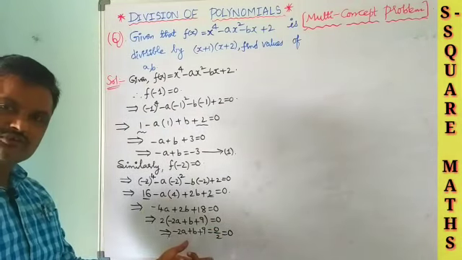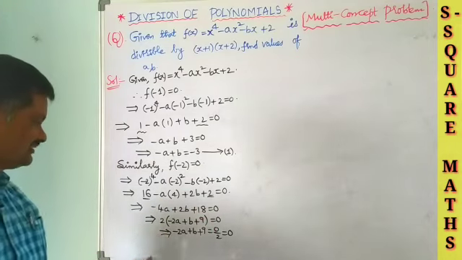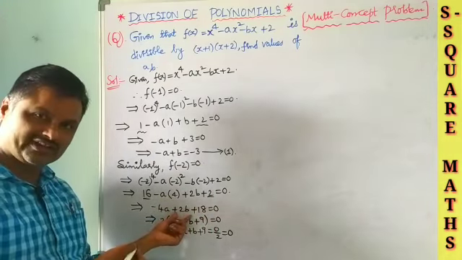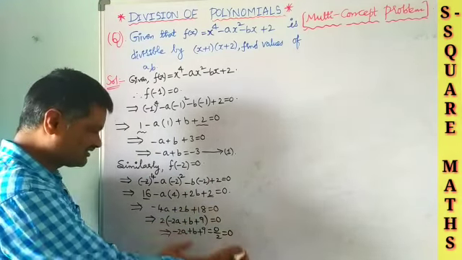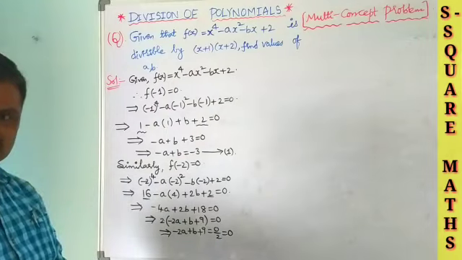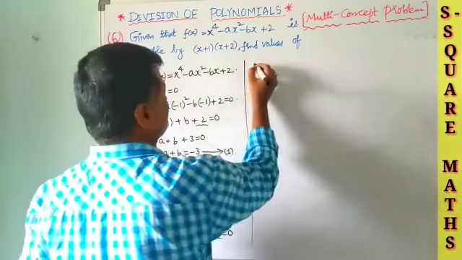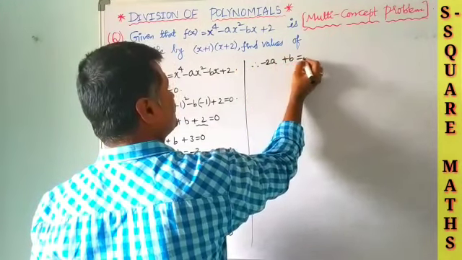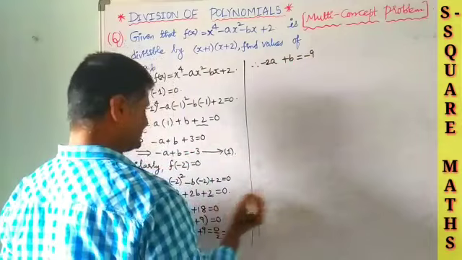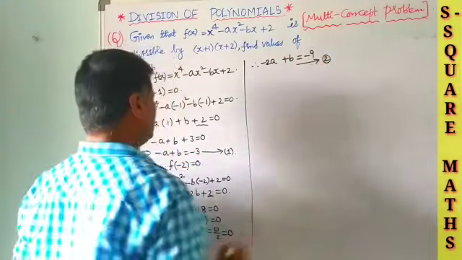You can proceed without this, no problem, but the calculations will be tedious. To overcome it, since it is possible to take 2 as common, I have taken it. So 2 transfers to that side and becomes 0 by 2, which is 0. So finally I got minus 2a plus b is equal to minus 9, with plus 9 shifted to the RHS. Mark as equation 2.